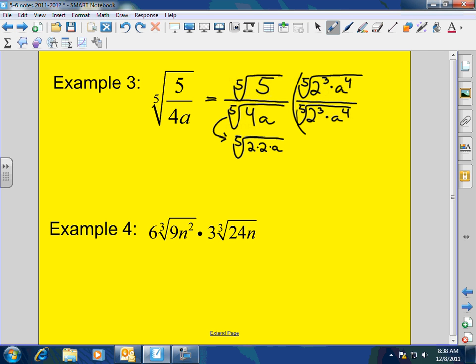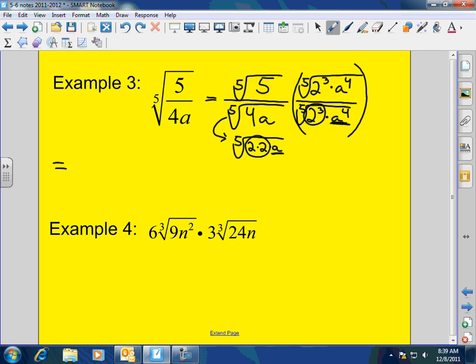Why? Because I had 2 2's, so I needed 3 more 2's to pull out a 5th root. I had 1 a, so I need 4 more a's to pull out 1 a from a 5th root. So now we're just going to go ahead and multiply.